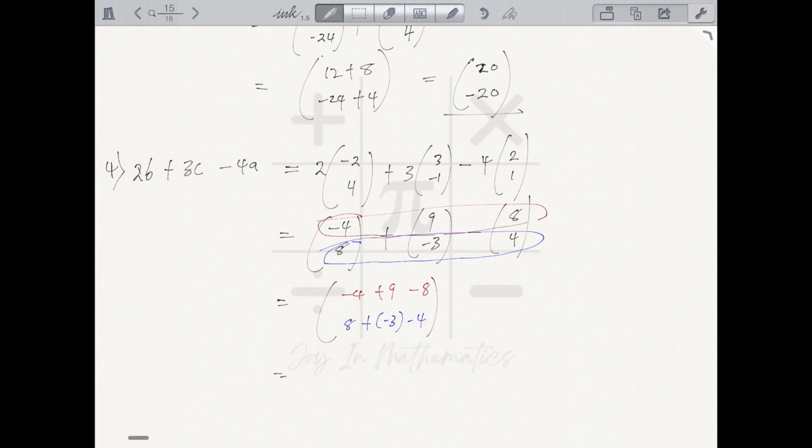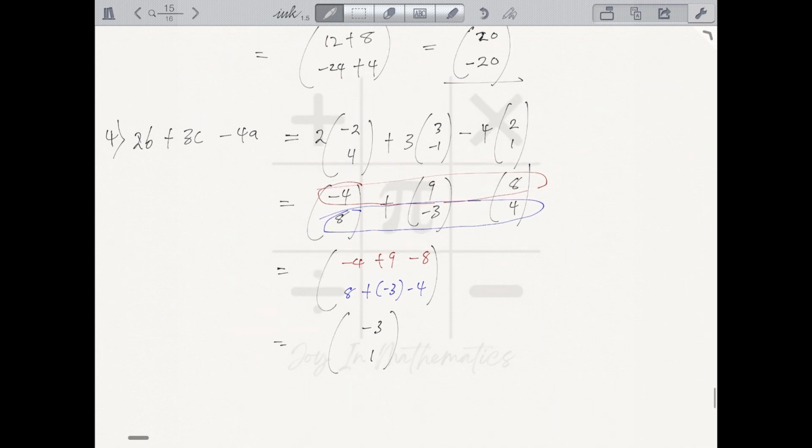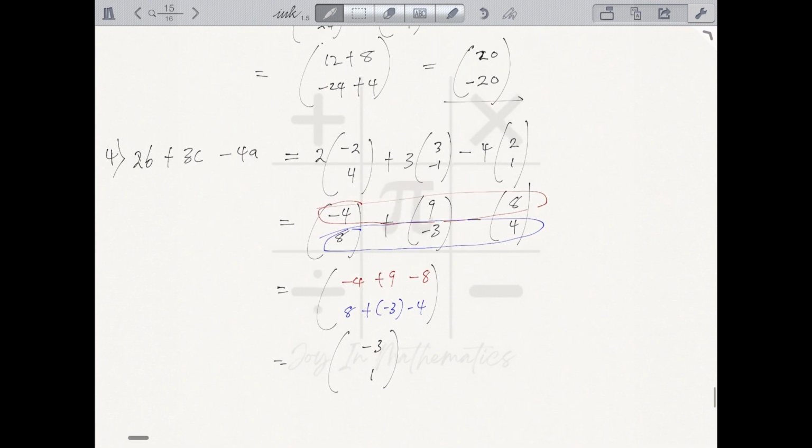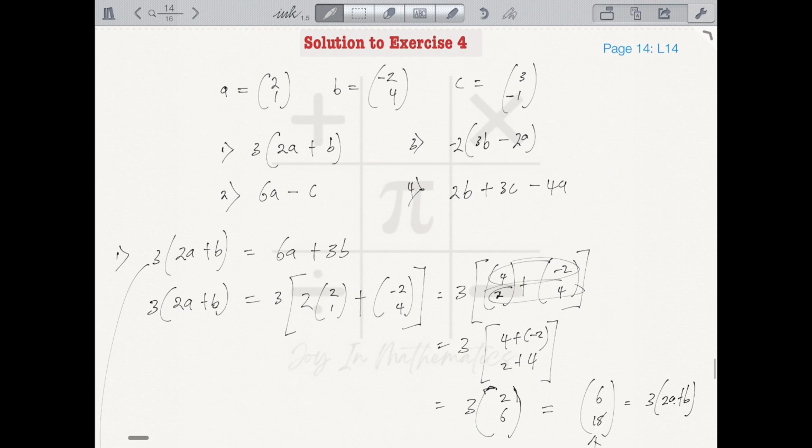Minus 4 plus 9 minus 8 is equal to -3, and 8 minus 3 minus 4 is equal to 1. So we have found the solution to 2b + 3c - 4a, and we have (-3, 1). Now we can see that we are able to solve this exercise, and in our next lesson we'll look at something entirely different.